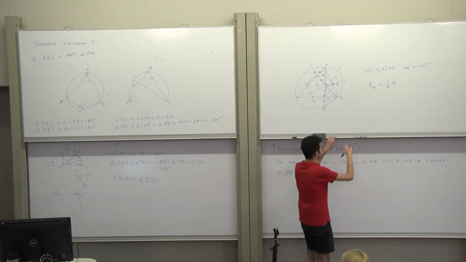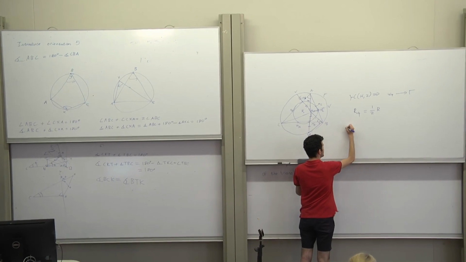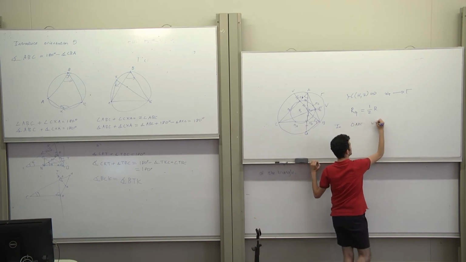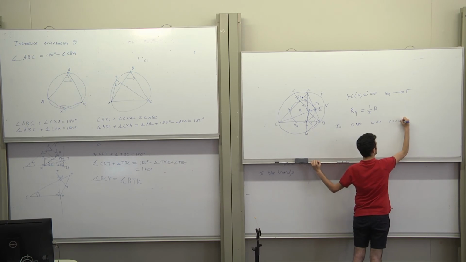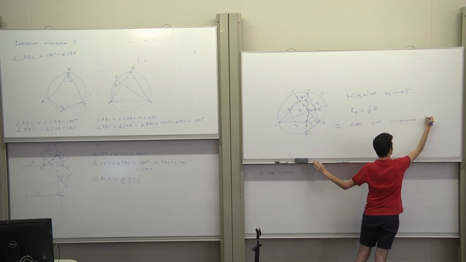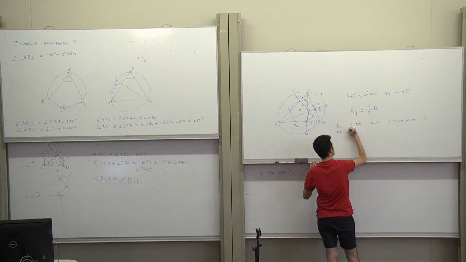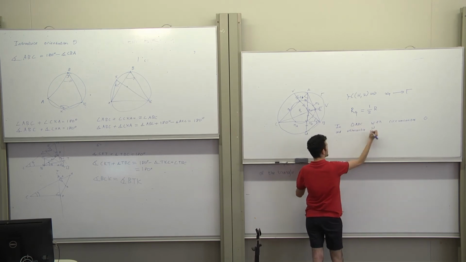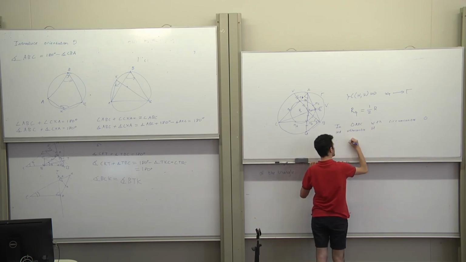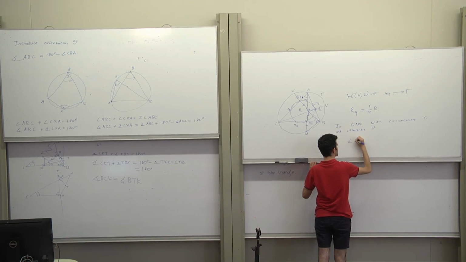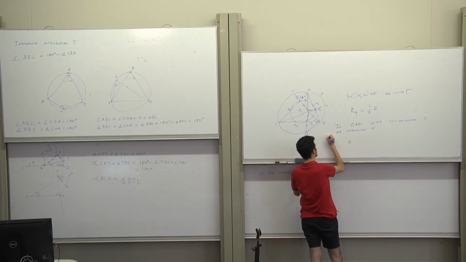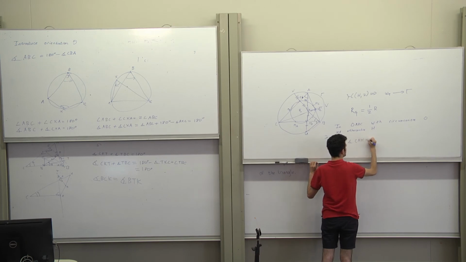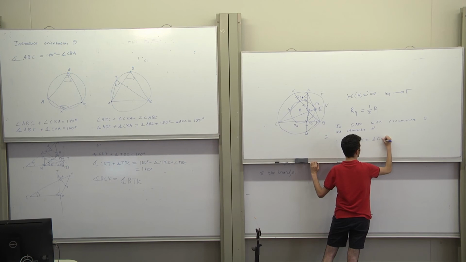I don't know if this theorem has a name, but if you have, in triangle ABC with circumcenter O and orthocenter H, angle CAH is equal to angle OAB.